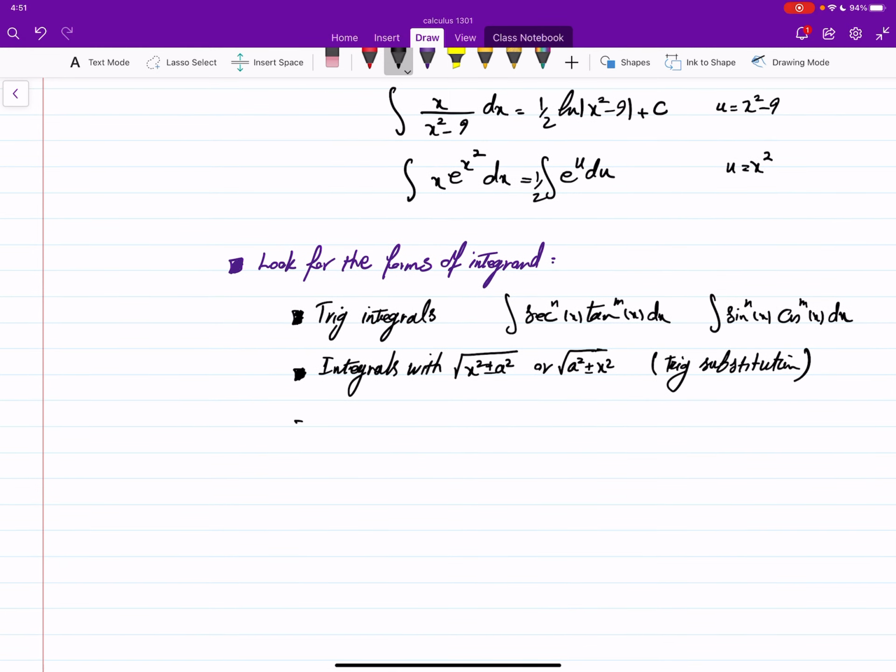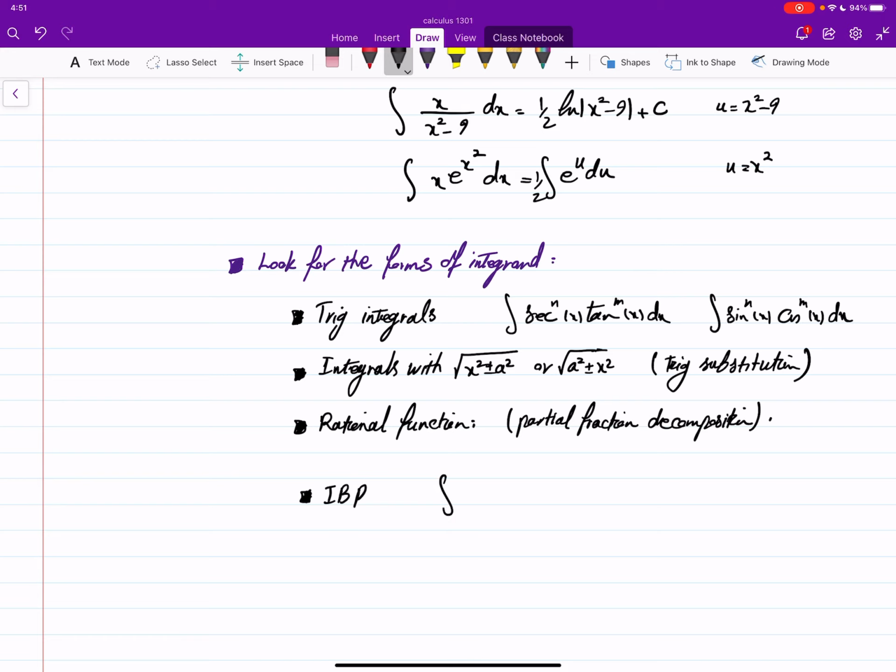Then the third format, which I would say go for, is rational functions. We had the whole work on this one. So remember the partial fraction decomposition. And some of the formats that we have done for integration by parts.